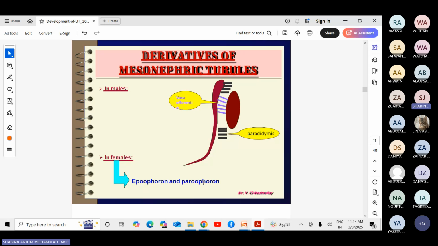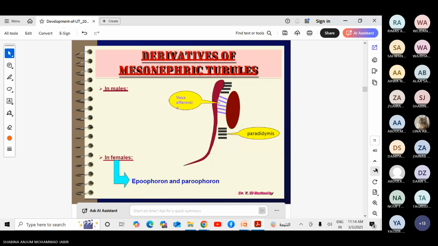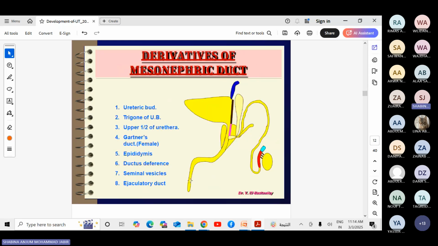The epoophoron and paroophoron are very small cyst-like structures present in or around the ovaries. So these are the structures derived from the mesonephric duct.